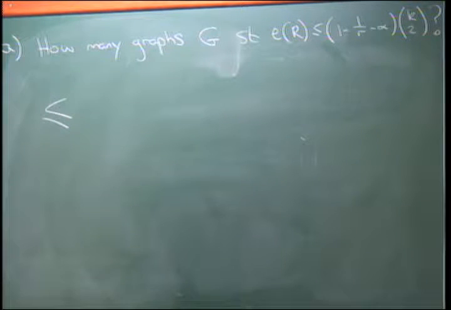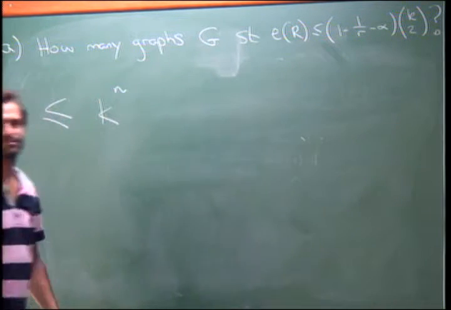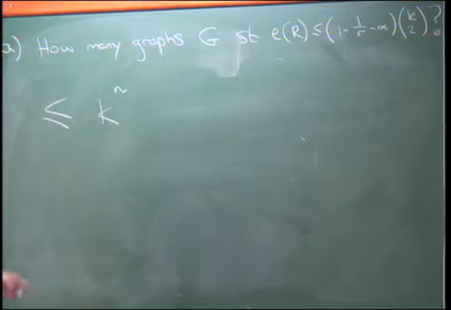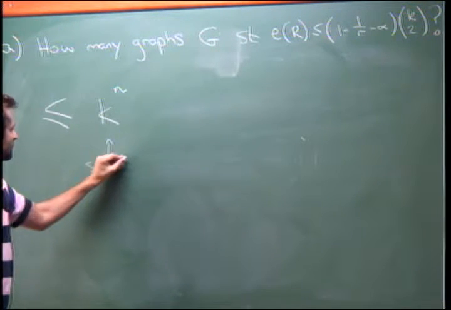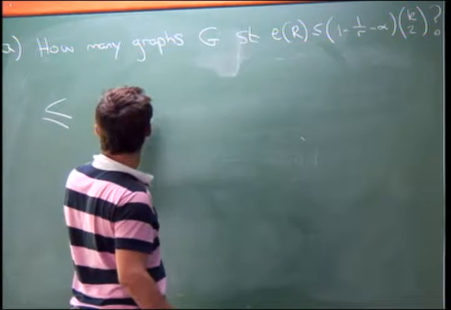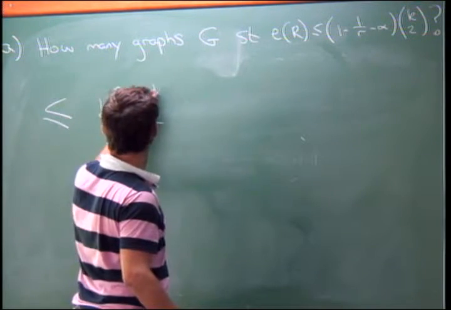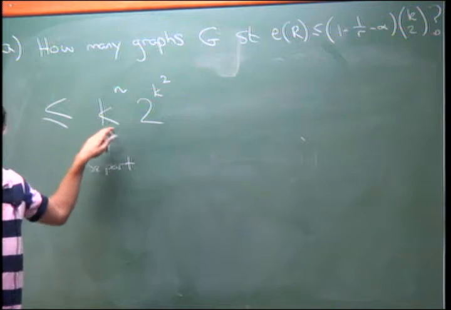So there's k parts, so it's only k to the n. That's the number of choices for the Szemerédi partition. And now, given a Szemerédi partition, we should choose the graph R. Well, that's easy. That's just 2 to the k squared at most. k is just a constant, right? So these things are all tiny.